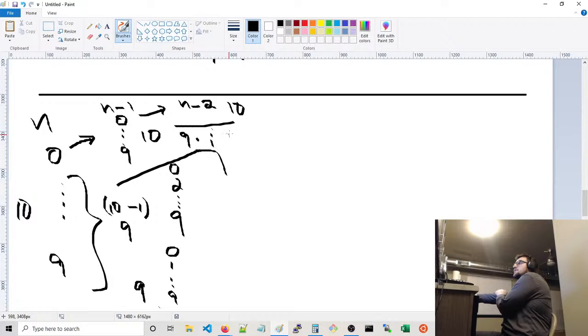Each of these have 9. So this is like 1 times 10 with n minus 2 choices, one time here, and then each of these are 9 times by 9 characters to choose from.